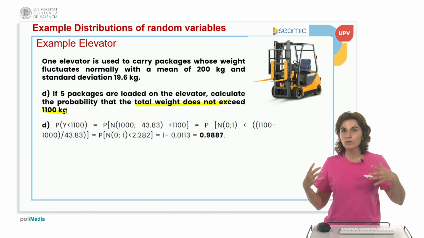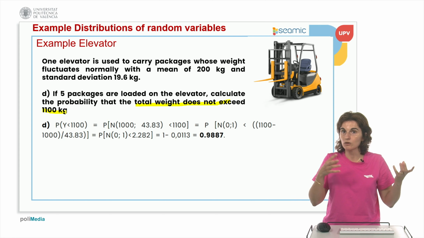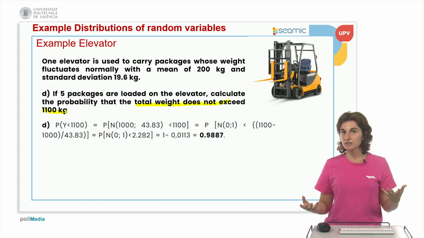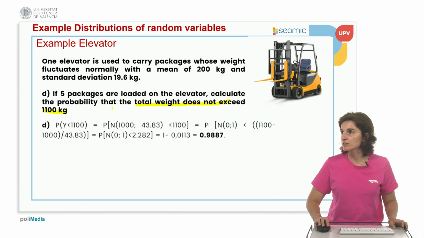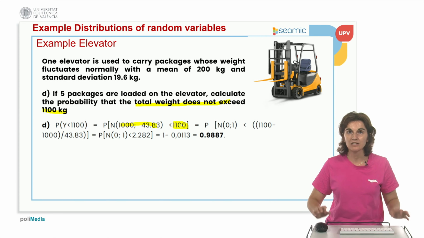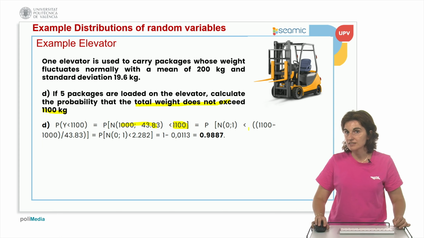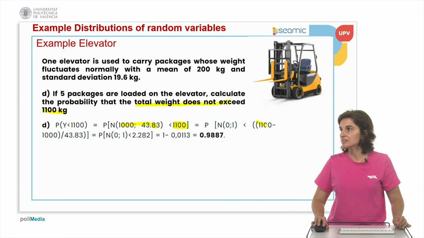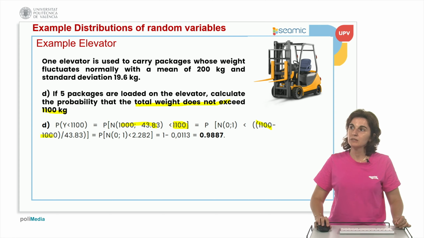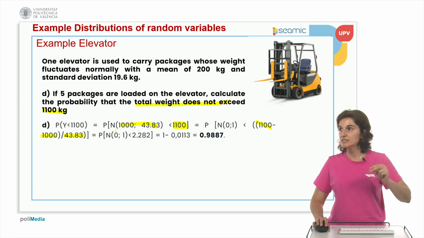You just have to continue working with the variable you just obtained. Using the parameters from the previous section, you can standardize the value of reference, the 1100, and obtain the z-score. The z-score can be obtained by subtracting the mean and then dividing by the standard deviation.